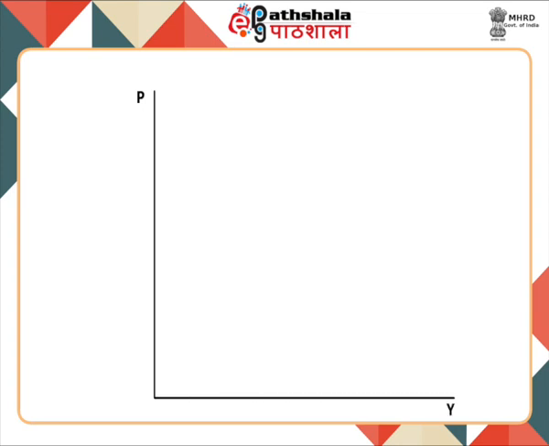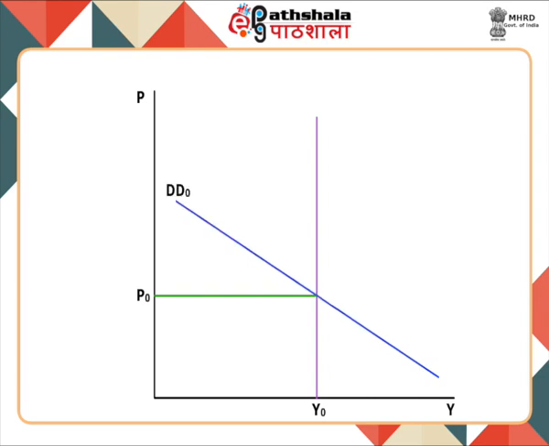Initially, the equilibrium level of output is Y0 with price level P0 at the intersection of aggregate demand curve DD0 and aggregate supply curve SS0. There is expectation of inflation in an economy, and the economy is operating at nearly full employment level.